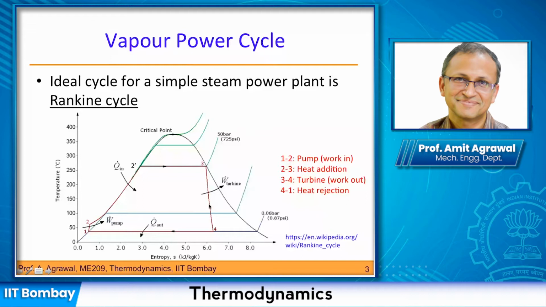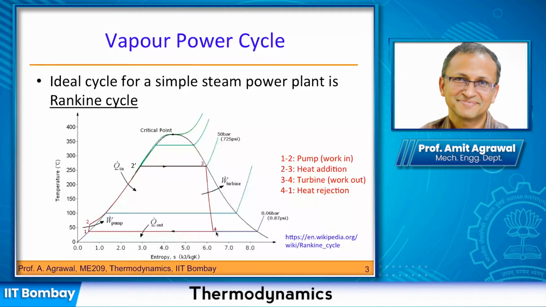And at the exit of the turbine, the steam is at state 4. Of course, this is saturated steam at 3, and 4 is a mixture of vapor plus liquid.